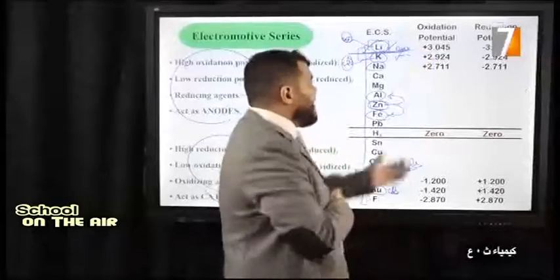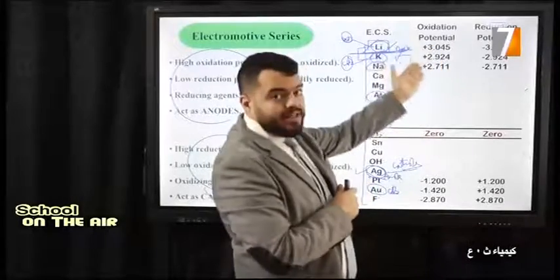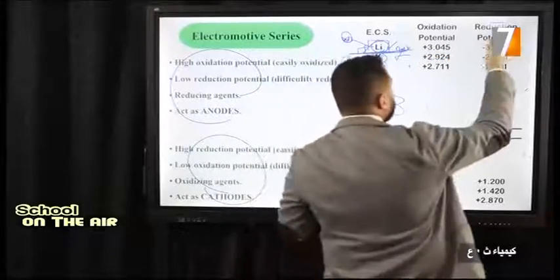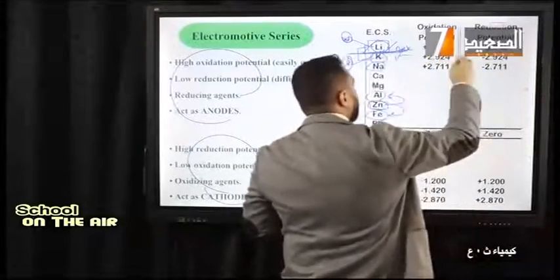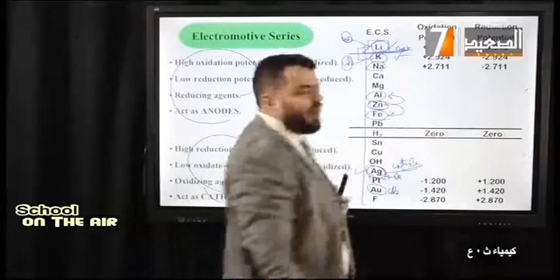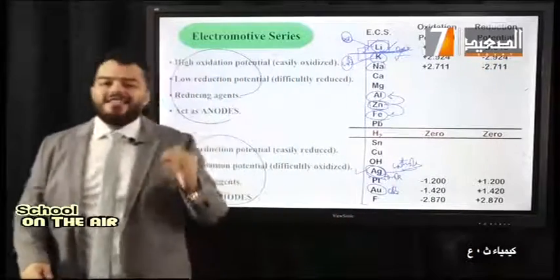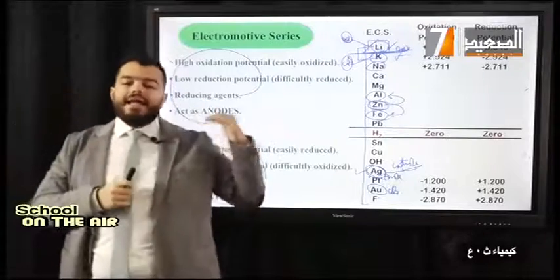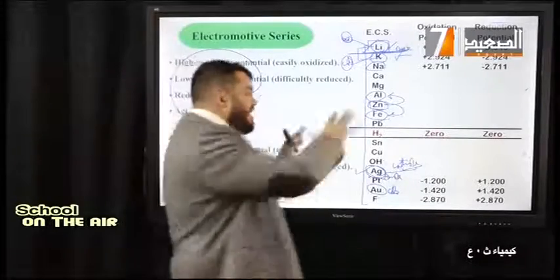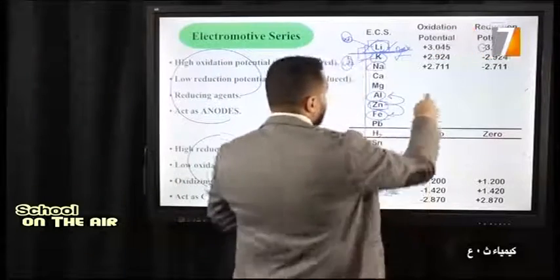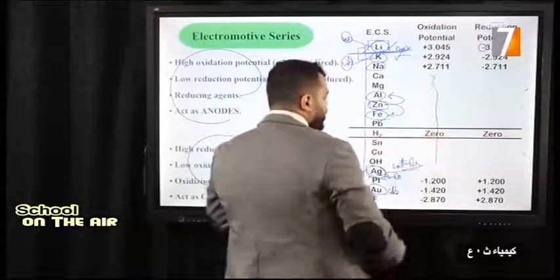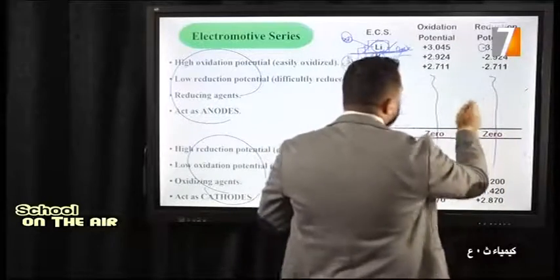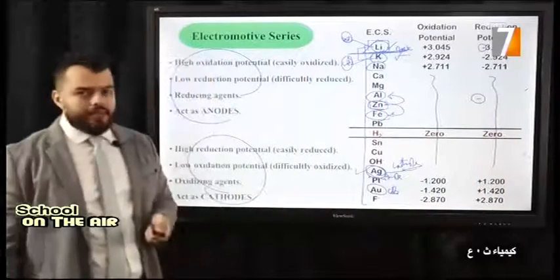Have you noticed that the oxidation potential of lithium is 3.045 and the reduction potential is the same number but with the opposite sign? So as you are good at oxidation, you will be bad at reduction. Any element will have a value of oxidation potential and the same value as reduction potential but with the opposite sign.